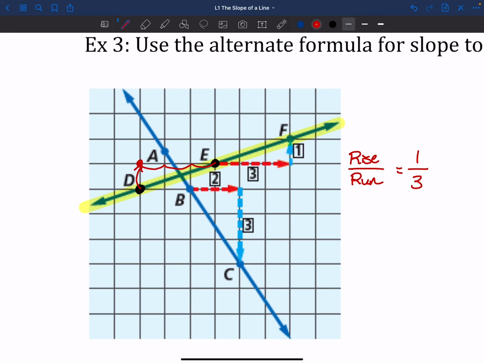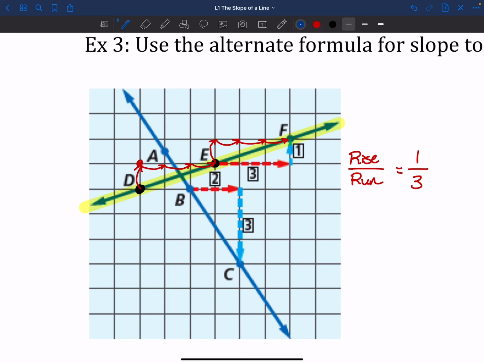So my run was 3. That's what we're trying to do. We're trying to basically connect the dots in the shortest amount of steps. So to get from D over to E, we had to rise 1, run 3. We could even do it with E and F. We would rise 1 and run 1, 2, 3. We would end up with the same thing, which is good because it should stay constant. We should end up with 1 over 3 no matter what.